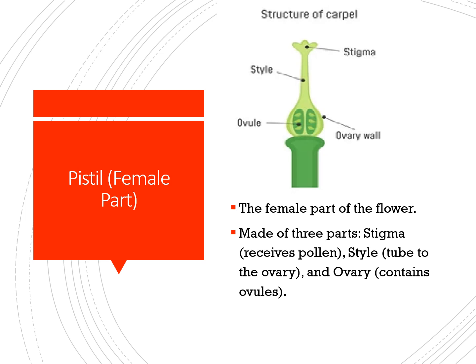Then there is a tube running from the stigma to the ovary. This tube is called the style. The lower part is called the ovary. Ovary contains the ovules where fertilization happens.